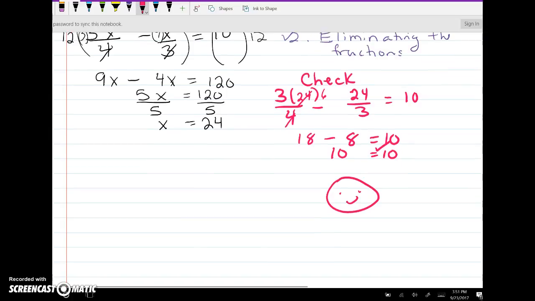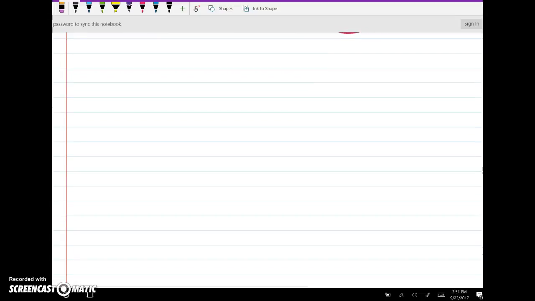Okay, one problem for you to try. Again, try it with eliminating the fraction. We have 2b over 5 plus 3b over 4 equals 3. I'll give you a little hint here.